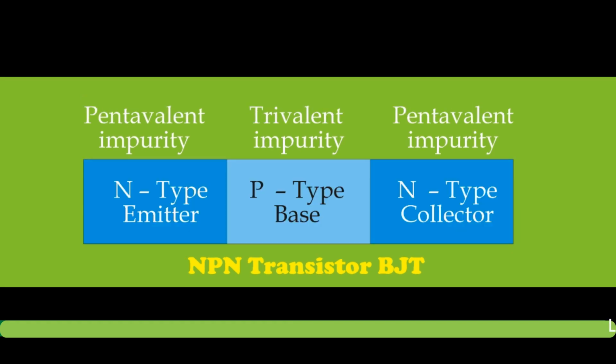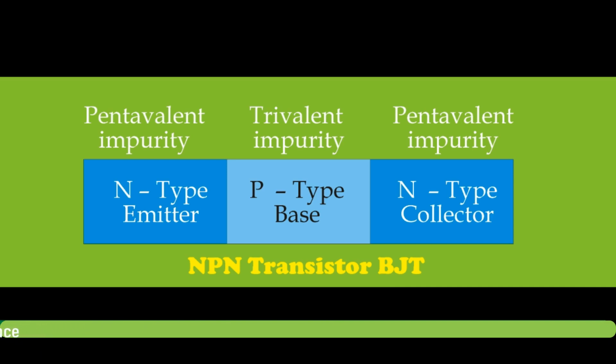Now the second type can be constructed as NPN type. That means the emitter will be N-type, the collector will be N-type, and the middle base will be P-type. So in this way these devices are called bipolar. In the second way, if you see the diagram of this transistor, you can see that between the base and emitter there will be a formation of a depletion layer.